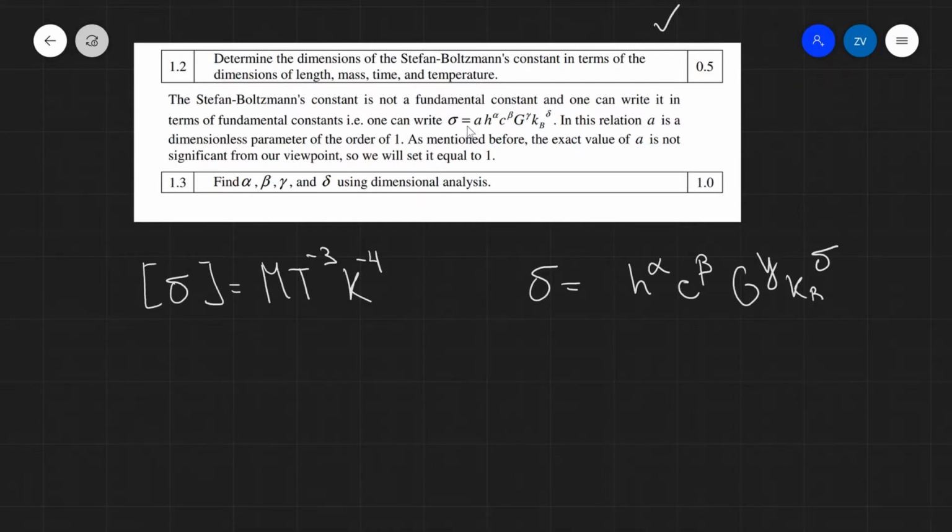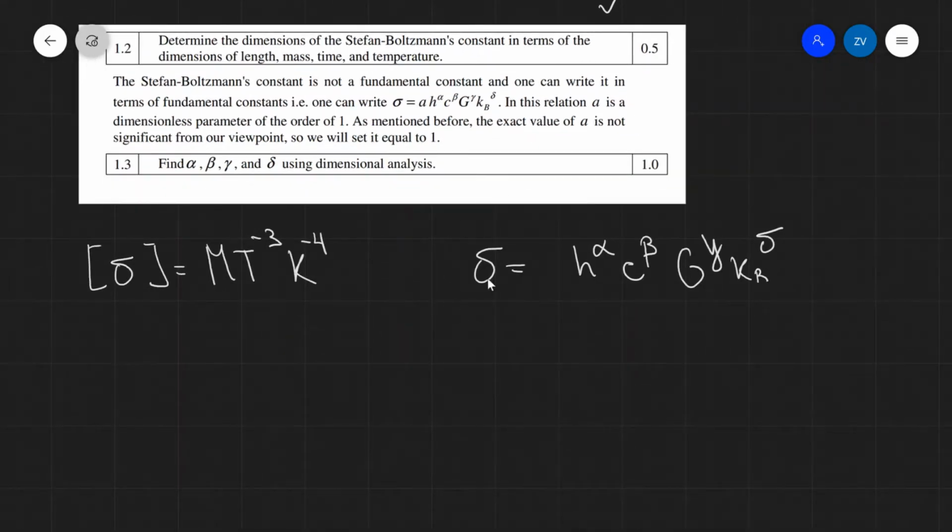They've conveniently set this factor, multiplying it, equal to 1, and you can see that this is why I've written down Stefan-Boltzmann's constant as follows: all the fundamental constants raised to a particular power. Well, let's first off just express Stefan-Boltzmann's constant in terms of the dimensions of the fundamental units.